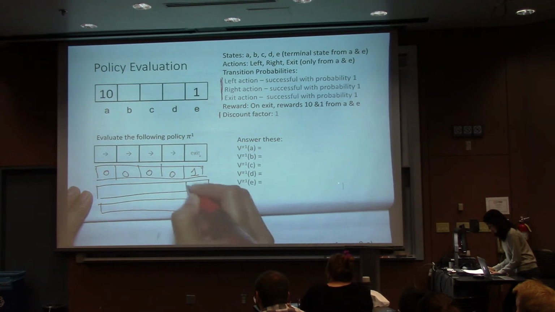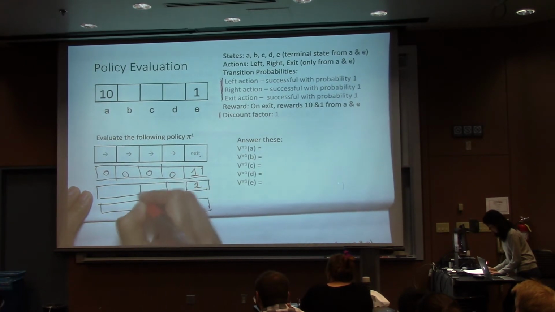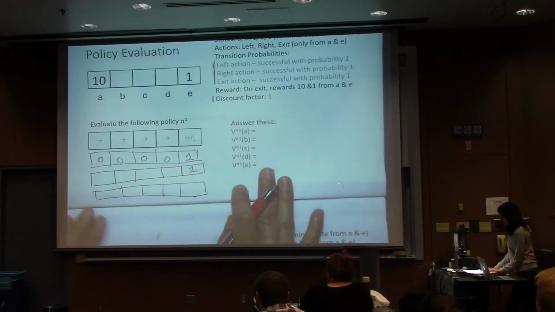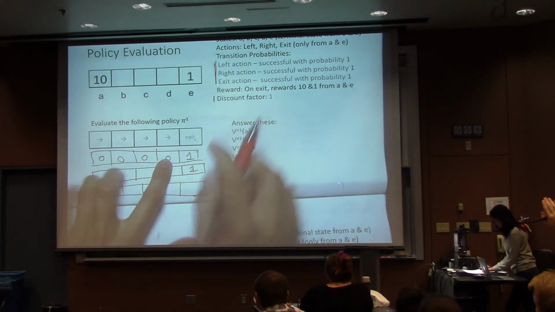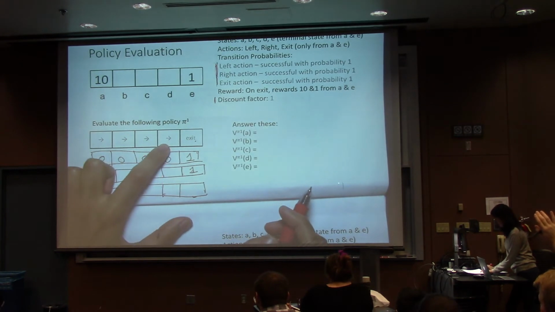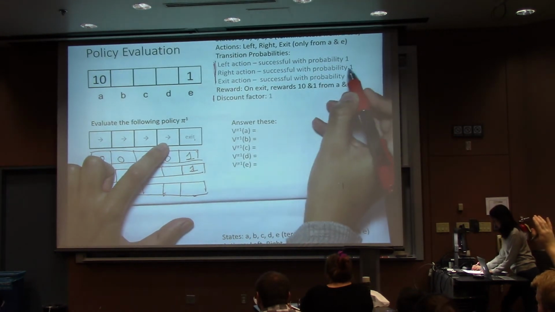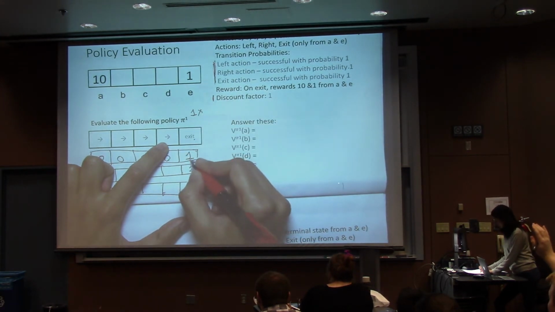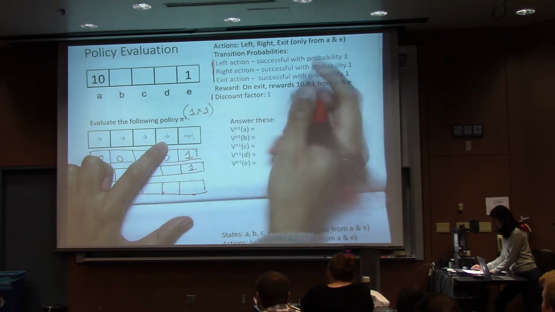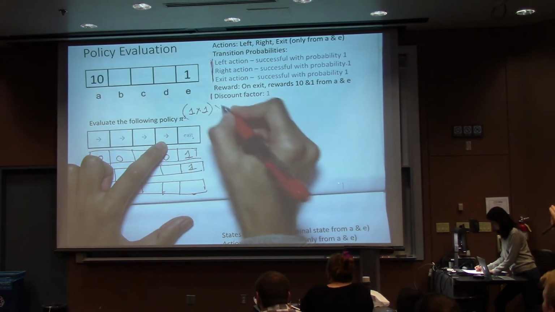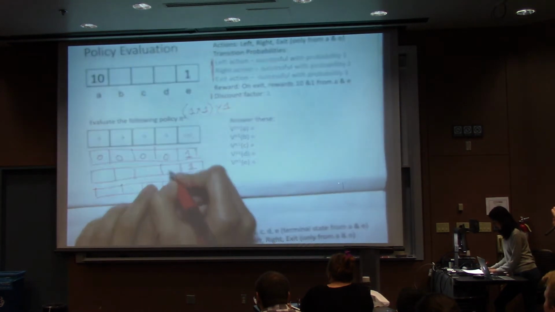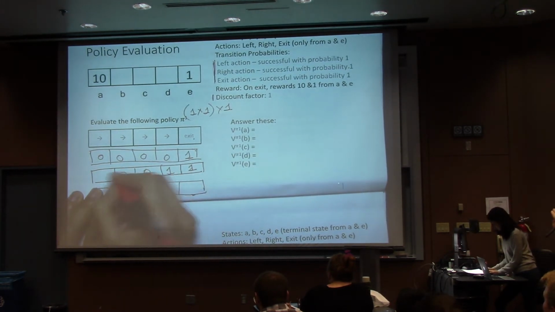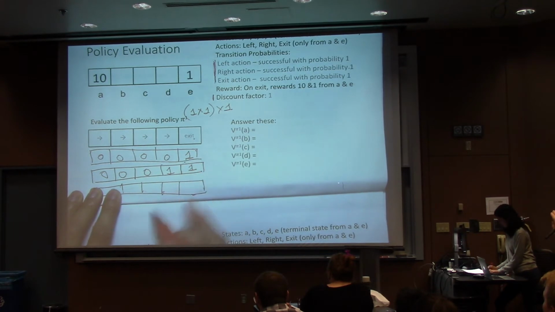If you do this further, you will see that if you take action right at this state with probability 1 into the reward 1, and even the discount factor is 1, you will see that you get value 1 here. And then for the others it will still be 0 with respect to the previous step.